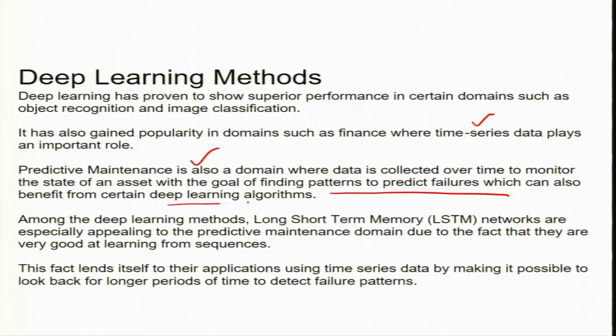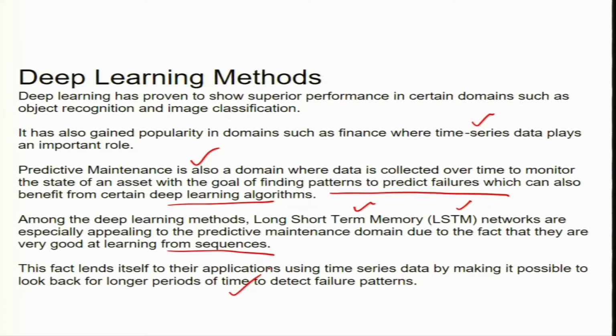For this, you know that the deep learning algorithms are very powerful and capable of handling this kind of problems in predictive maintenance. Among the deep learning models, the popular ones to do time series predictions are long short term memory, that is LSTM networks, which especially appeal to predictive maintenance due to the fact they are very good at learning from sequences, and time series data is nothing but a sequence of data over time.